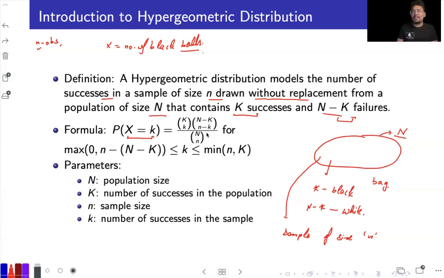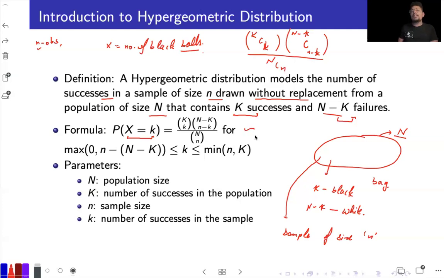So out of the possible successes, we pick small k. The remaining ones will be from the failures, so that is N minus capital K choose n minus small k. This is K choose k, times this, divided by the total, N choose n. So that is the probability model.